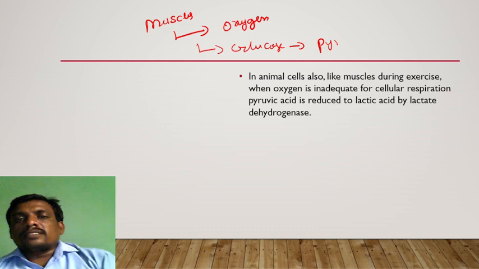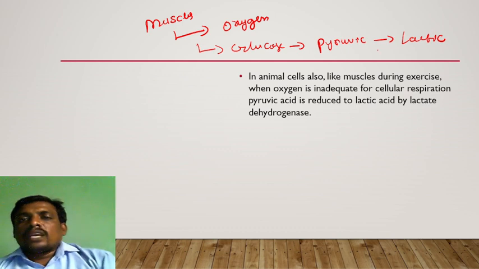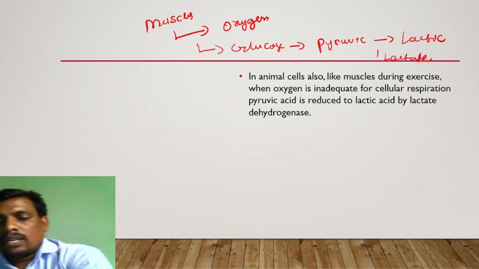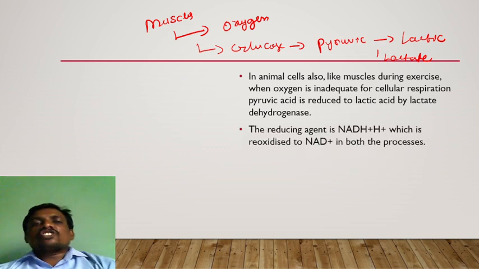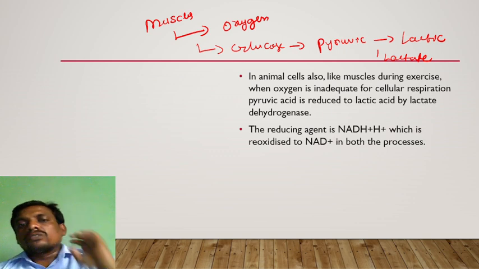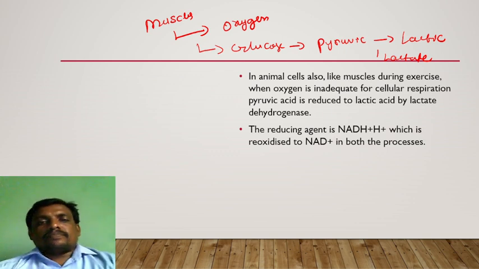This pyruvic acid is reduced to lactic acid by lactate dehydrogenase. So this inadequate metabolism of glucose in the cells causes formation of lactic acid, which leads to muscle pains.